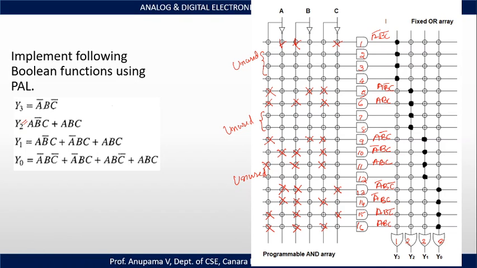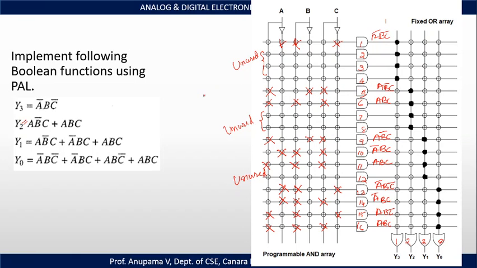If I see the implementation of the expressions using PAL, some of the AND gates are unused, and if I see the terms in the expressions, some of the terms are repeated, that is ABC is repeated in Y2, Y1 and Y0, but it is implemented 3 times in the PAL.